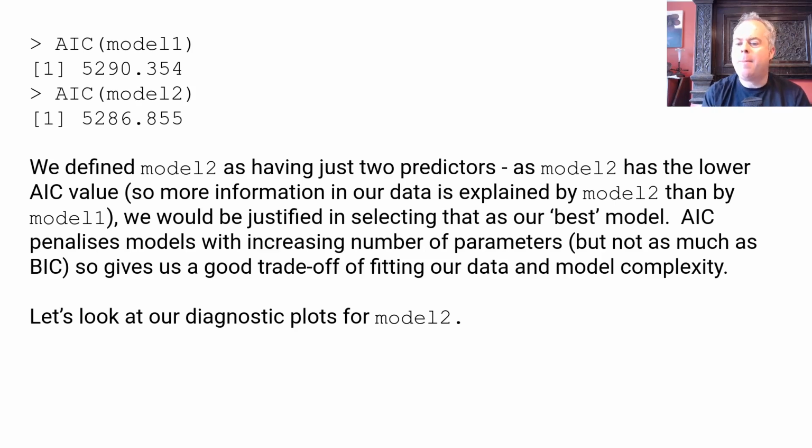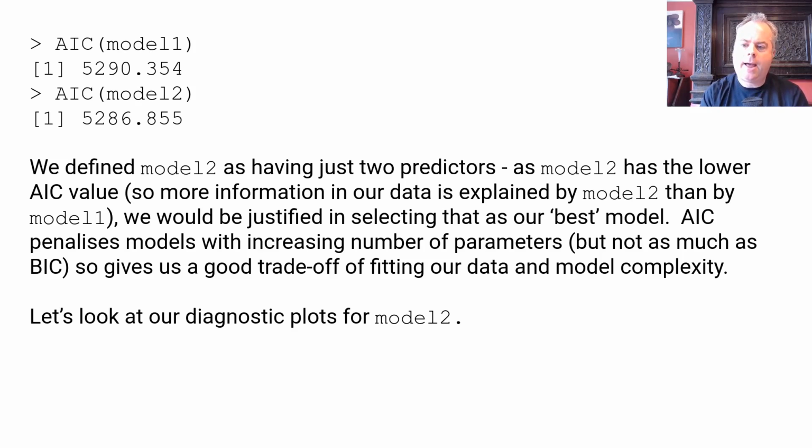So as you add parameters into your model, you can think of it as that extra parameter having to justify its existence. So if you add a parameter after parameter after parameter, your penalty will increase as a function of what those parameters then need to do.